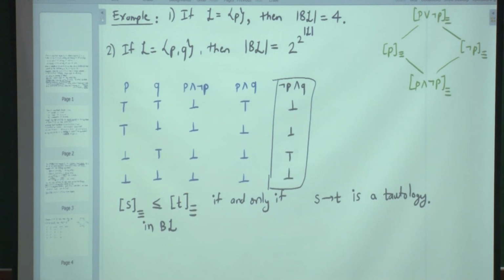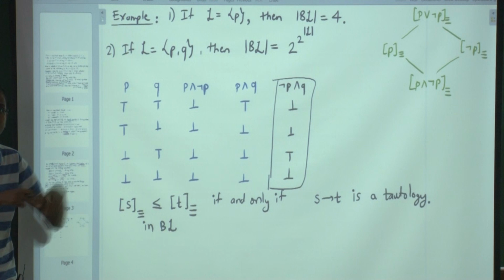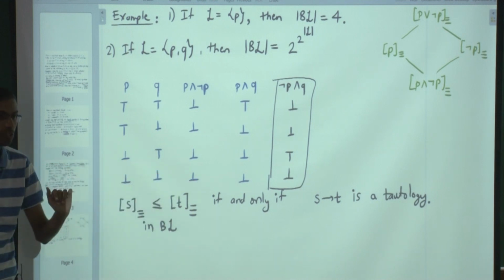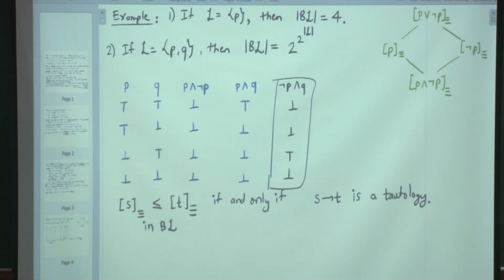Whenever you have a true in this column, then the corresponding truth should also hold for the column for T. The definition for V of S implies T is that it is true if either S is false, in which case we don't really care, but whenever S is true, then T should also be true. Right? So therefore, if and only if S implies T is a tautology. Okay.